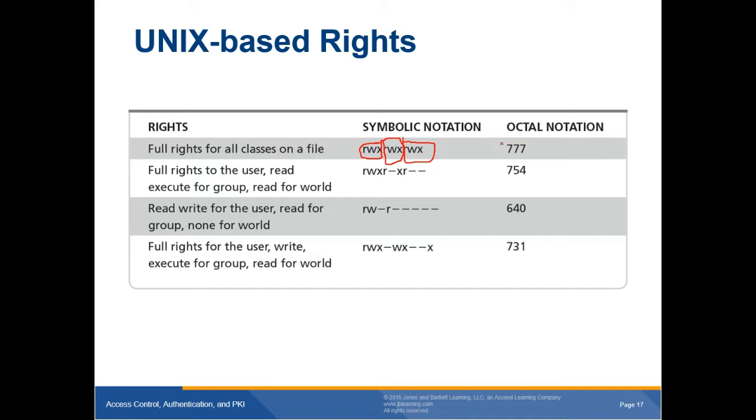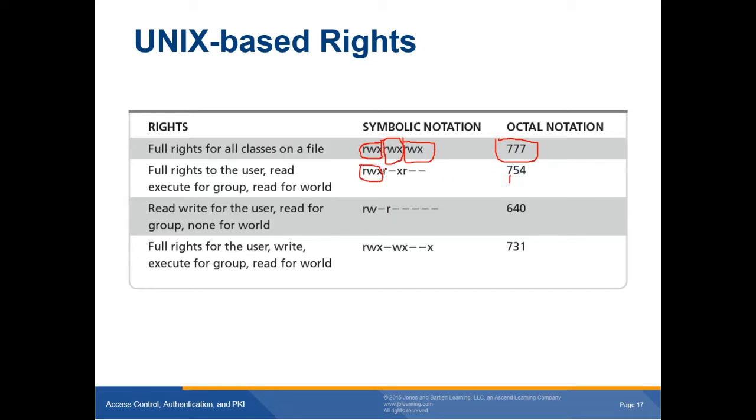Read is worth 4, write is worth 2, and 1 is the execute, I'm sorry. So if I set something to 777, that tells me that everyone has full rights to it. If I just want the user to have full rights, notice you have the 7 here.